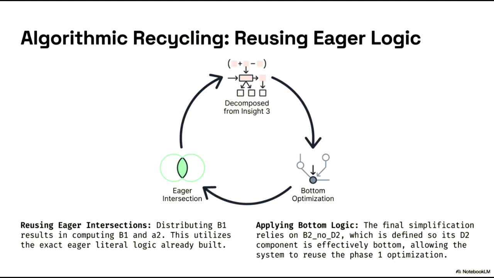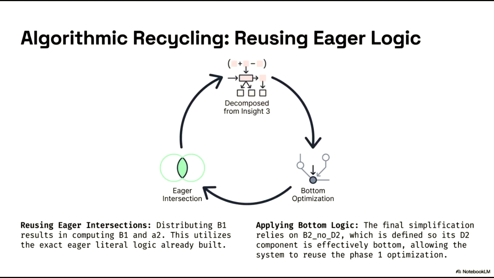Algorithmic recycling focuses on the efficient reuse of eager logic across different phases of computation. As illustrated in the cycle, we start with components decomposed from Insight 3, which feeds directly into our optimization strategies. In the bottom optimization phase, the final simplification relies on B2 no D2. This is defined so its D2 component is effectively bottom, allowing the system to reuse the phase 1 optimization without redundant processing.